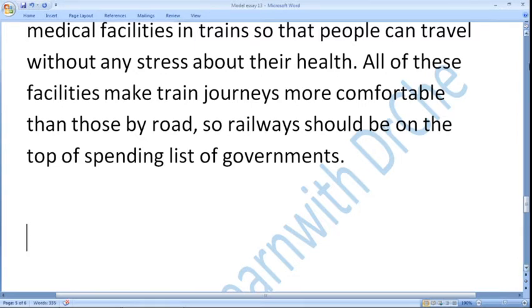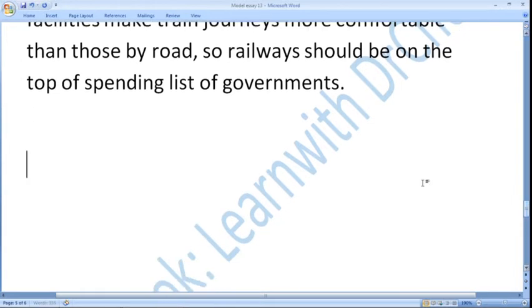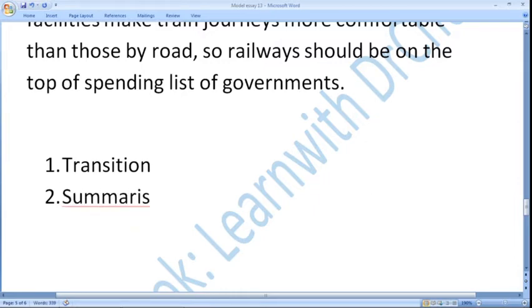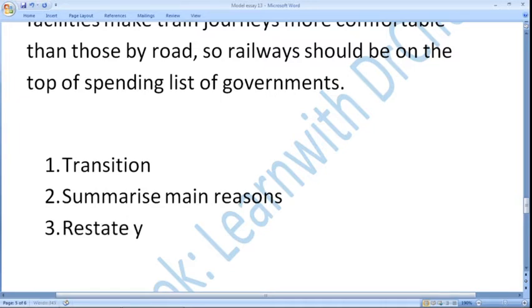Now we should go for the conclusion. In conclusion, first of all, we would write a transition signal that I usually use in conclusions only. Then summarize your main reasons. Then you have to restate your opinion.